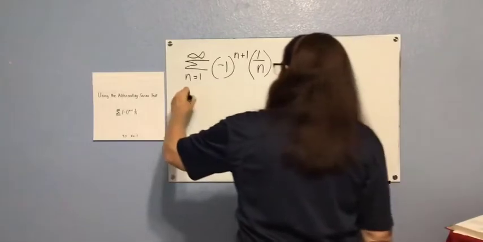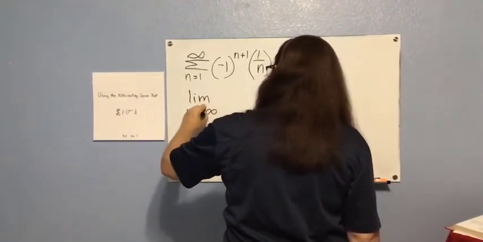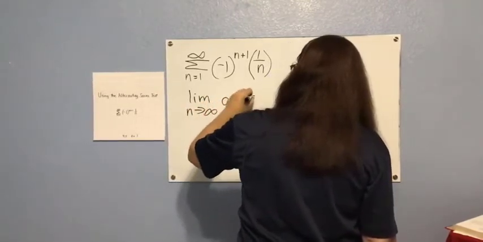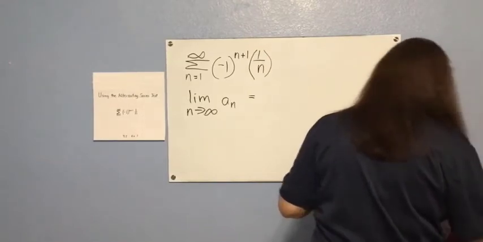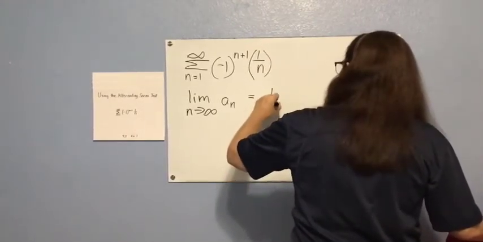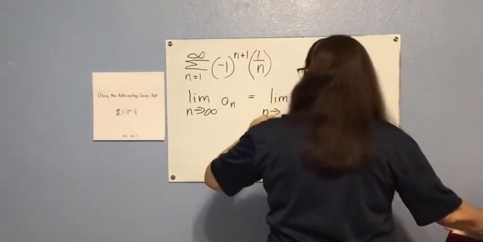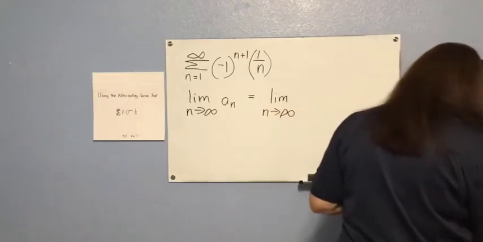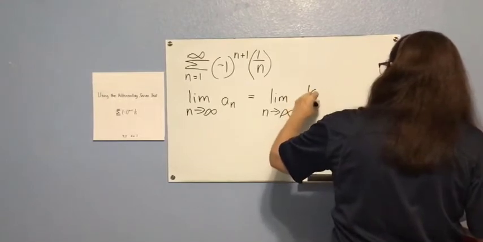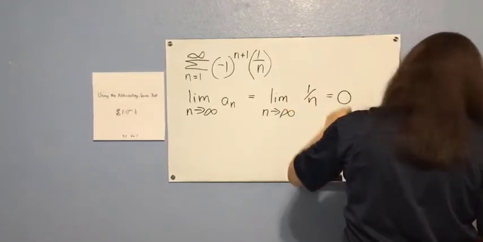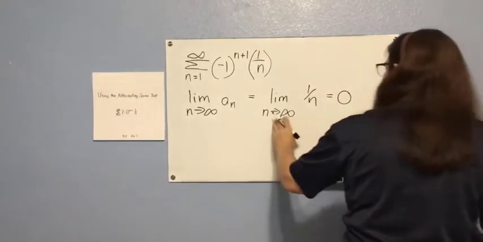And for this one, we could say that the limit as n goes to infinity of a sub n is equal to the limit as n goes to infinity of 1 over n, which is 0. So the first condition is met.